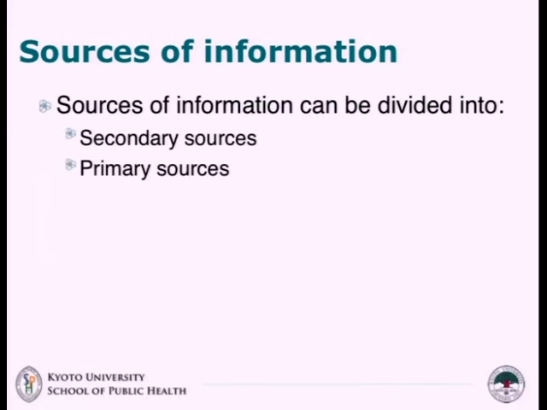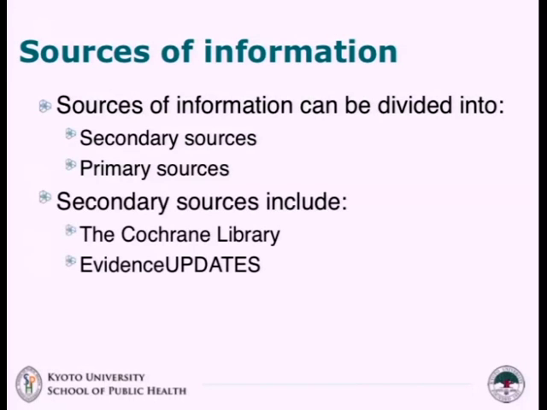Sources of information can be divided into secondary sources and primary ones. Secondary sources are databases of pre-appraised articles, that is, articles whose quality and clinical relevance has already been appraised by someone else.